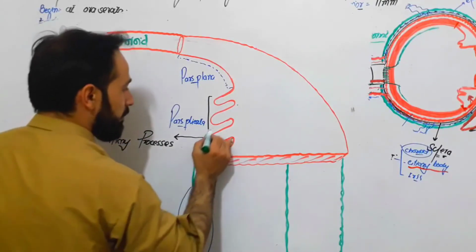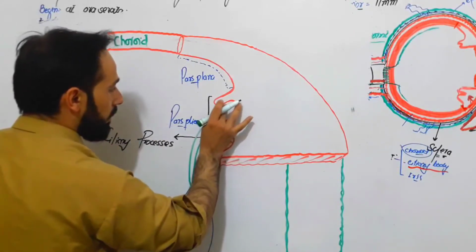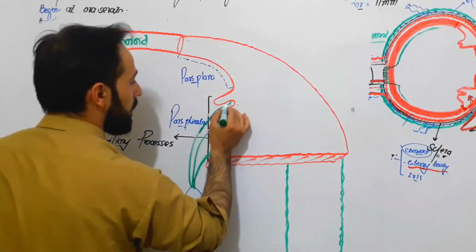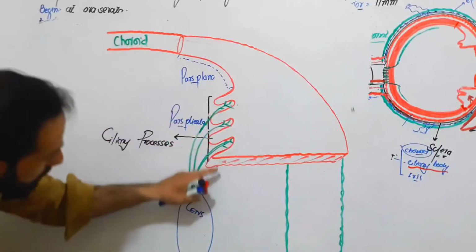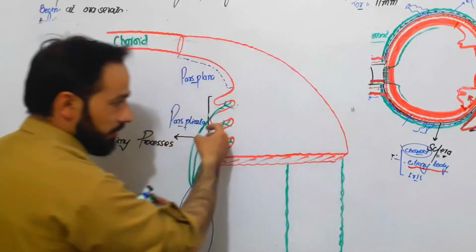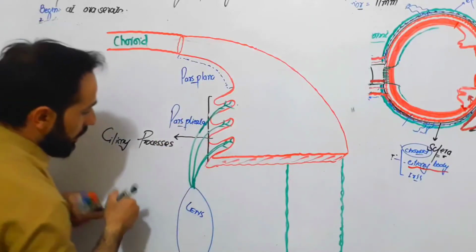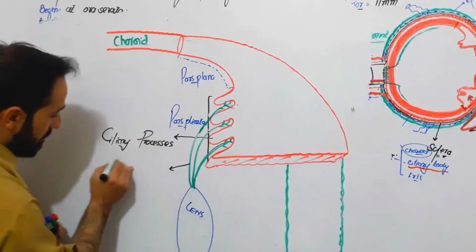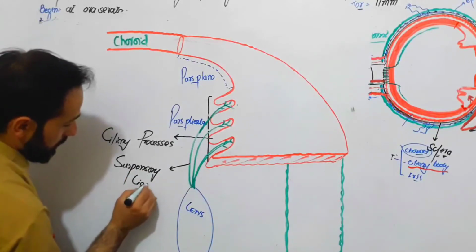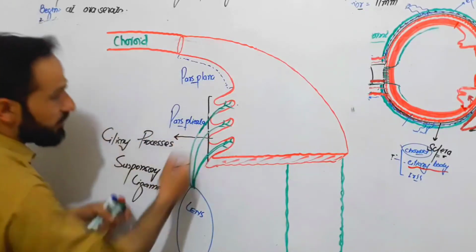So these are called your suspensory ligaments, and these suspensory ligaments are held by these ciliary processes. So the ciliary processes, or we say this ciliary body, provides the attachment for what? For suspensory ligaments, right? And these ligaments keep the lens suspended within the eye.